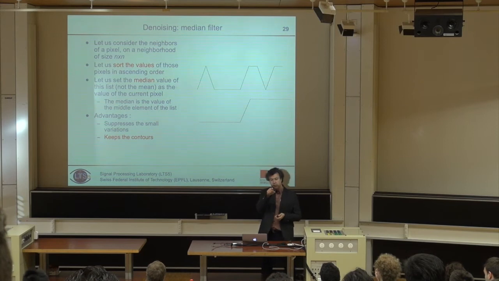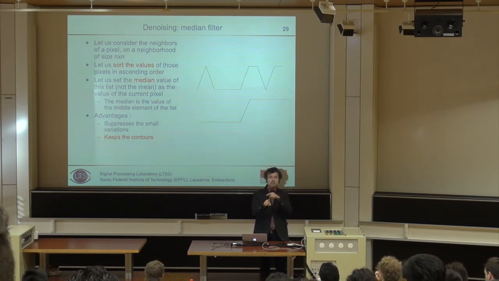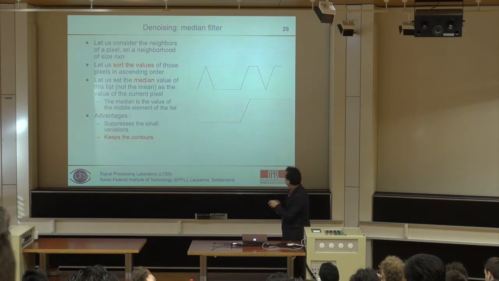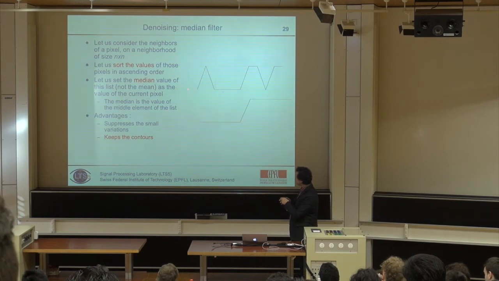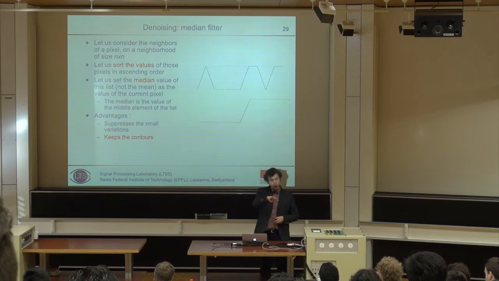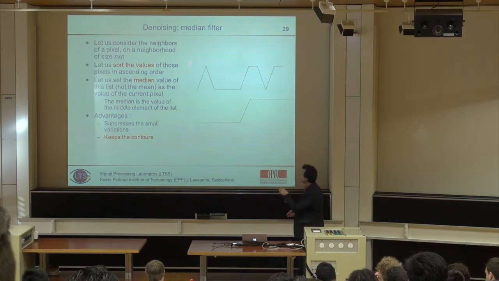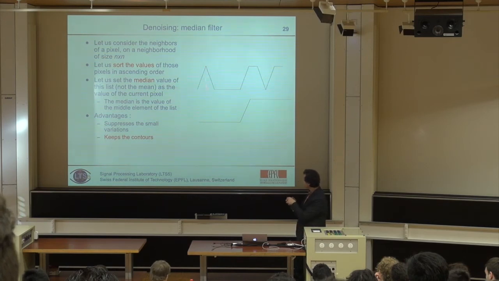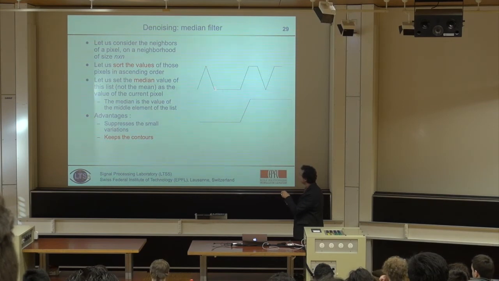That means that I will take the pixel and look at its neighbors, in my 1D case, the two neighbors next to each other. If I take this pixel, for instance, the neighbors are those two: 0, 1, 0. I take the three of them, 0, 1, 0. I order them, 0, 0, 1. Median value, 0. So filtering that part of the signal by a median filter of size 3 puts that pixel back to 0.